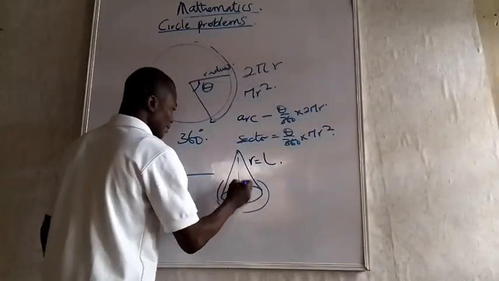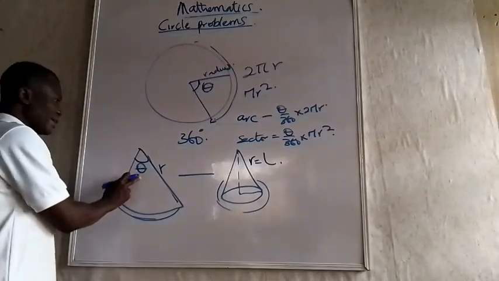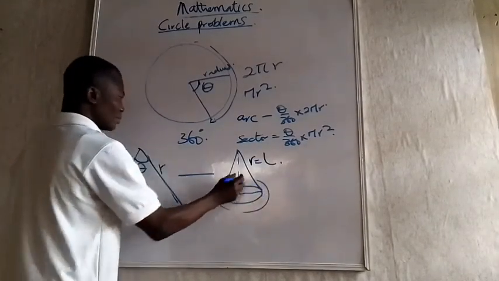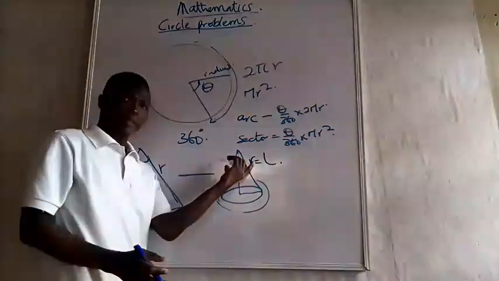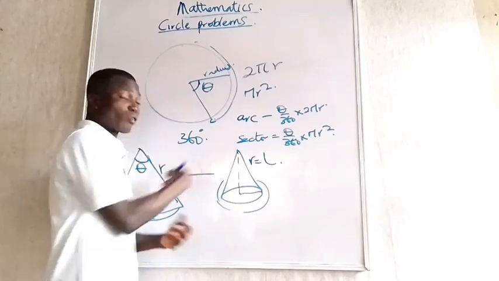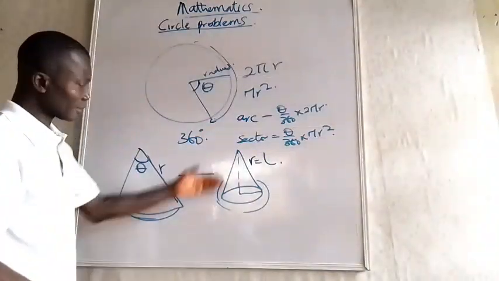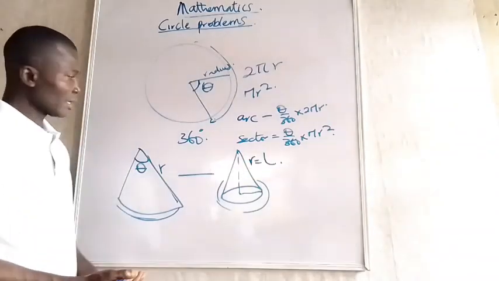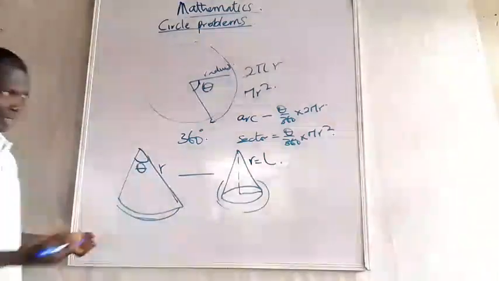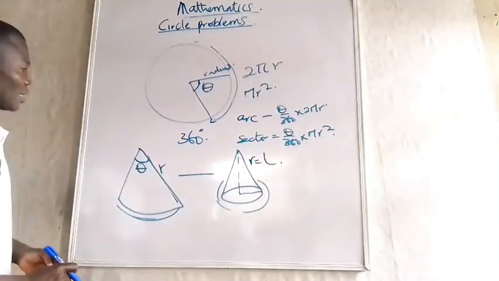So, this height can be easily gotten. If I have theta here and an r here, I'll be able to get the area of the curved part of the cone. So, you can see how you can easily move from one place to the other. Once you know how to move, you will get to solve these problems easily.